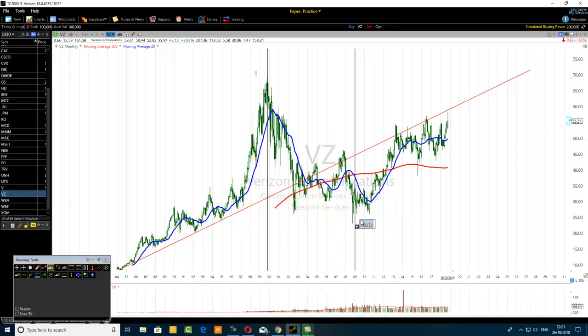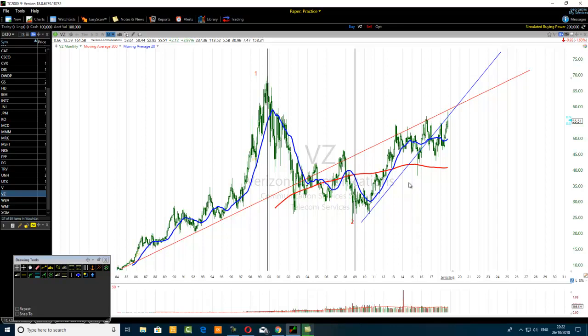I'm choosing my words carefully so you do not take everything as true all over the place. 2009 is the end of the corrective phase that started in 2000, and then in 2009 we see the beginning of the third wave of a higher degree for most financial instruments.